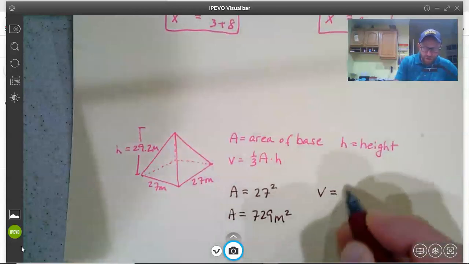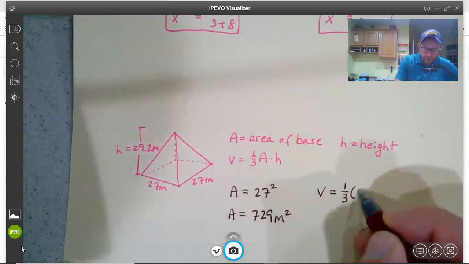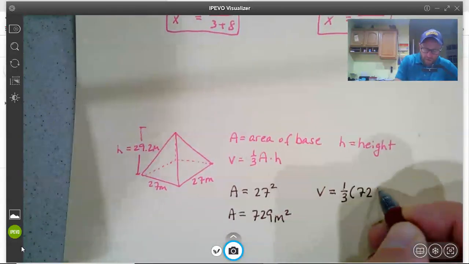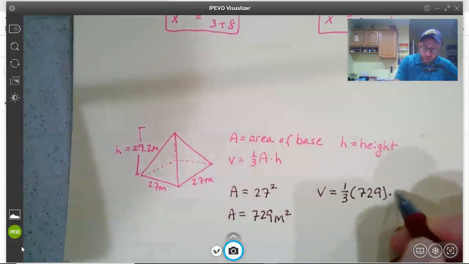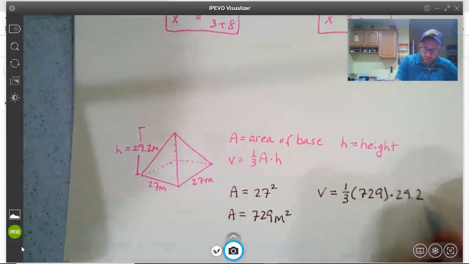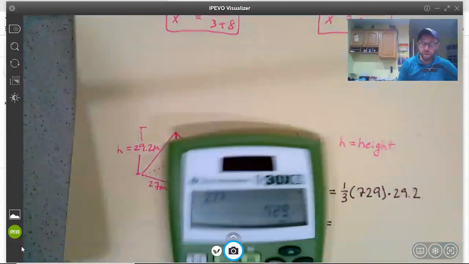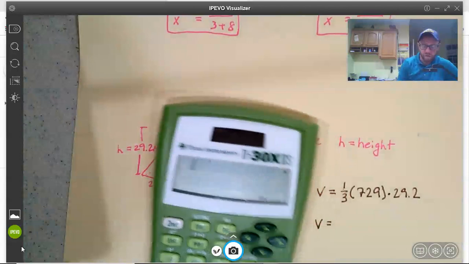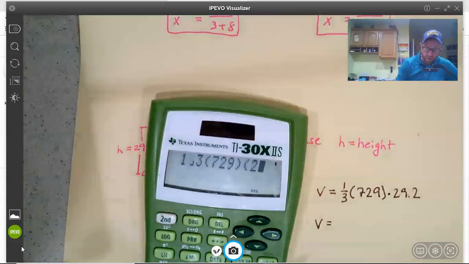And now our volume is 1/3 area, which is 729, times height, which is 29.2. And I'm just going to punch all this in the calculator. So let's see. 1/3 times 729 times 29.2.